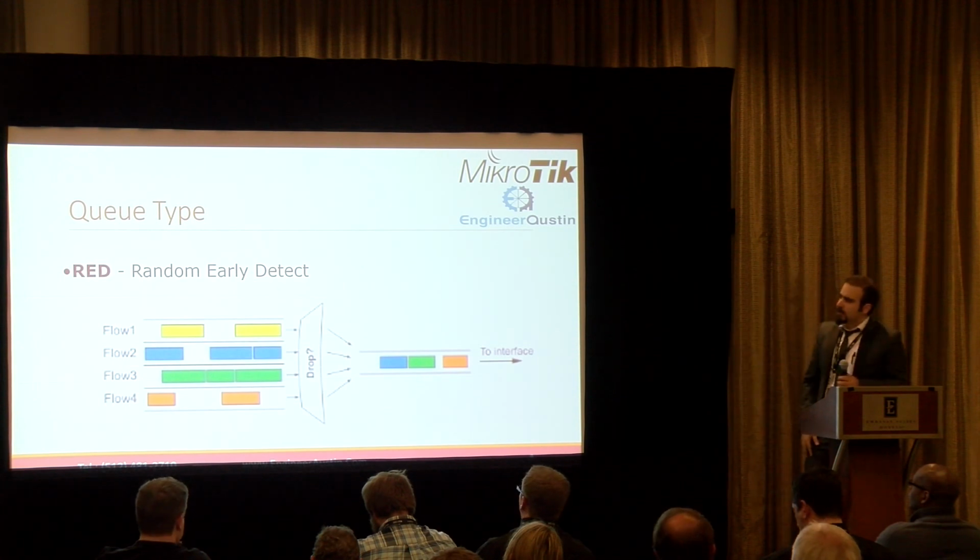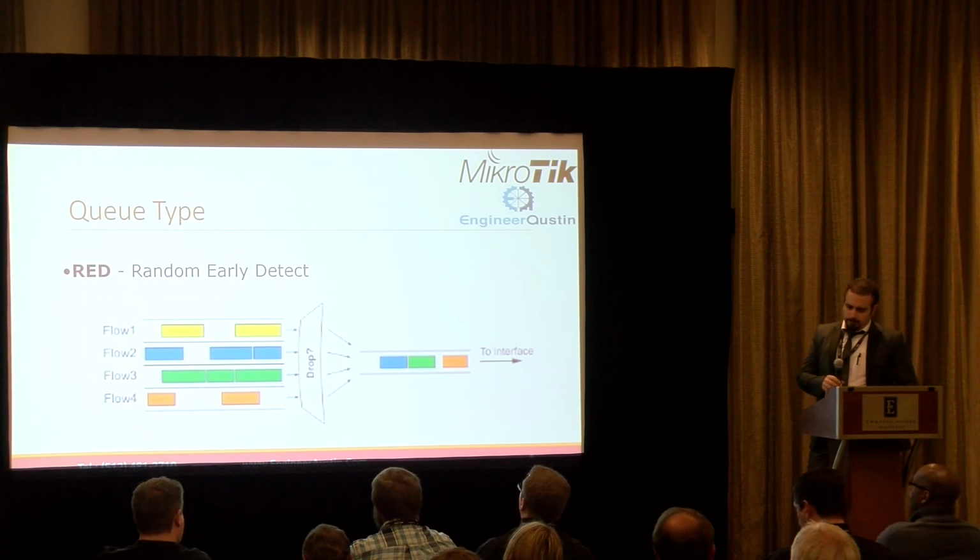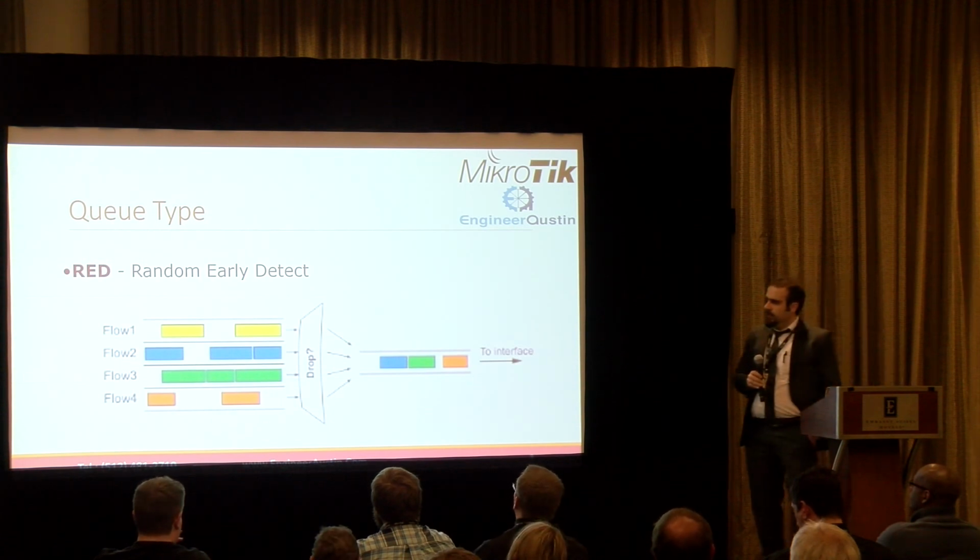RED avoids network congestion by controlling the average queue size and randomly dropping packets when the RED minimum threshold is reached.